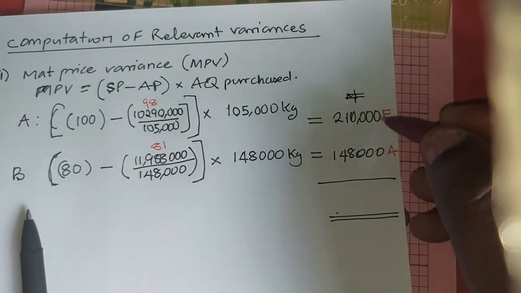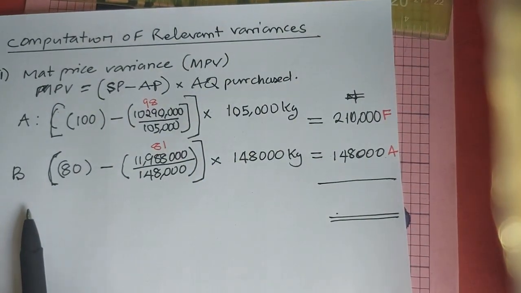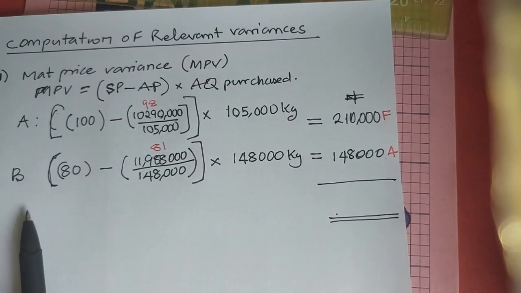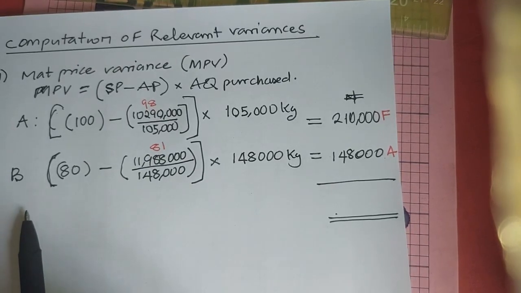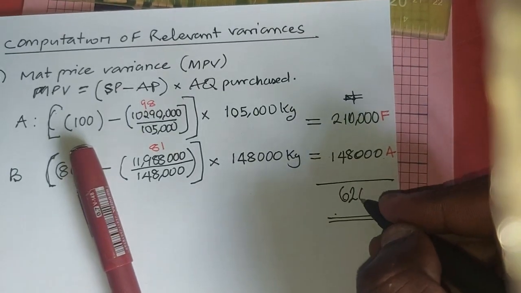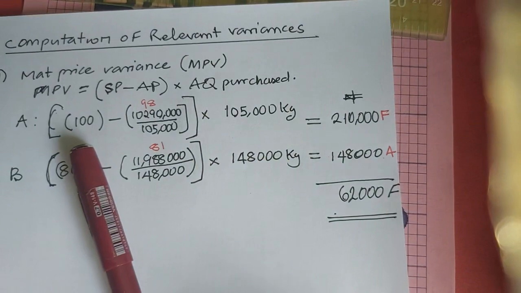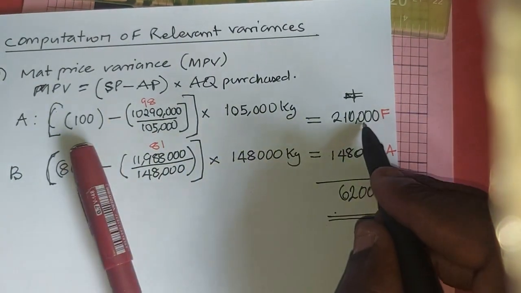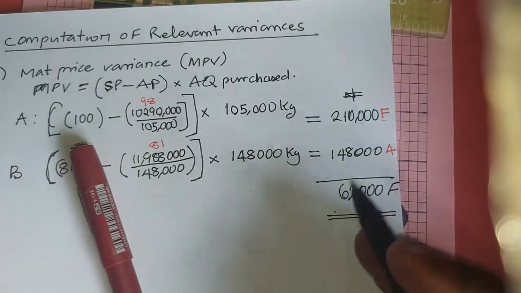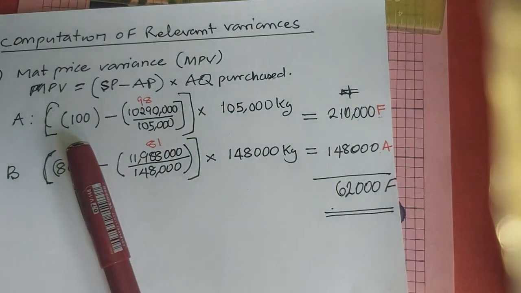So by the time you subtract, what do you have? You have 210,000 plus minus 148, so you are going to have 62,000 favorable. All right, if your answer is positive, that is favorable, but if your answer is negative, that is adverse or unfavorable variance.